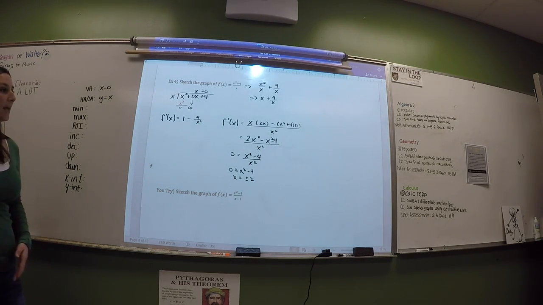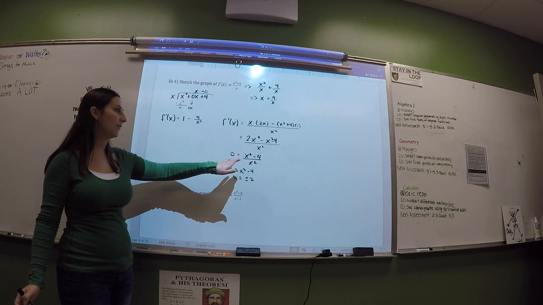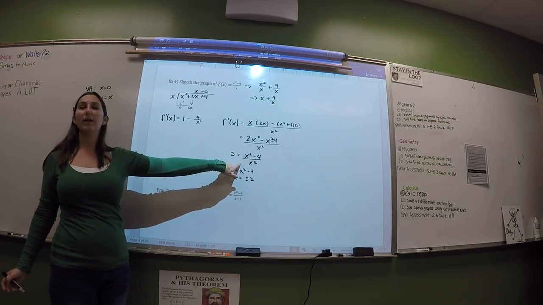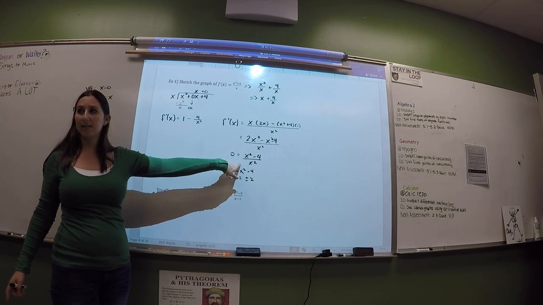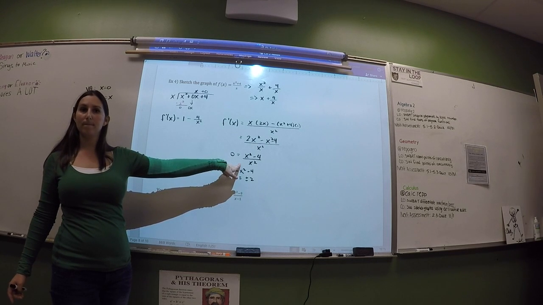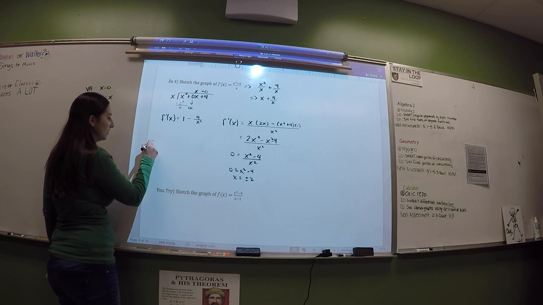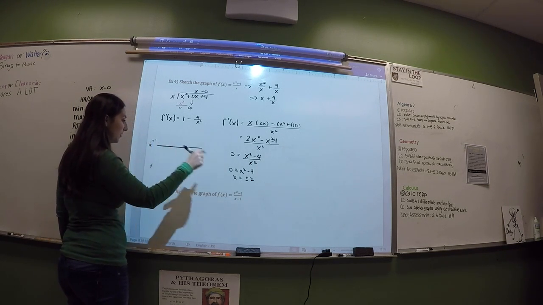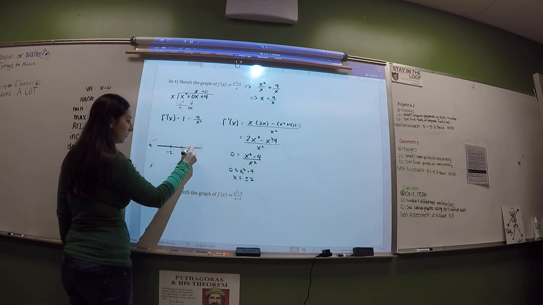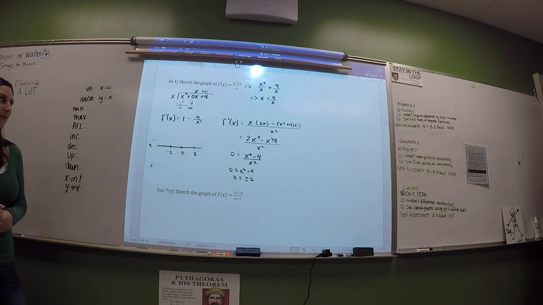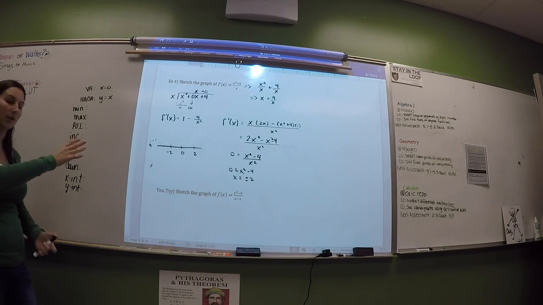In addition to that, are there any values where the derivative does not exist? Zero. So on your first derivative test, you're going to include negative 2, 0, and 2. You're including 0 because the derivative doesn't exist there. So again, your vertical asymptotes will always be on your derivative test.